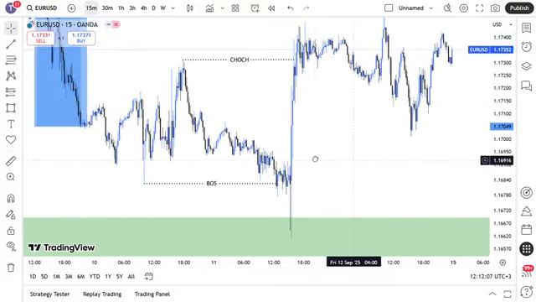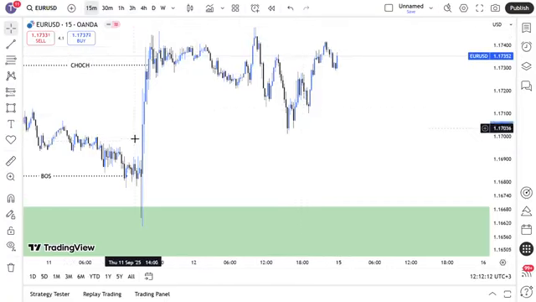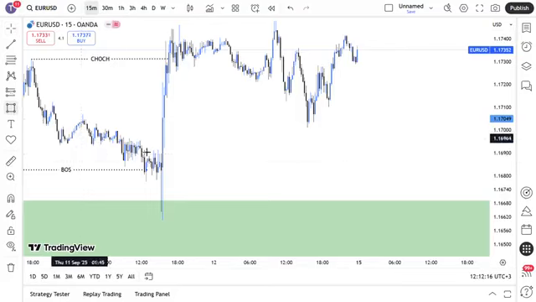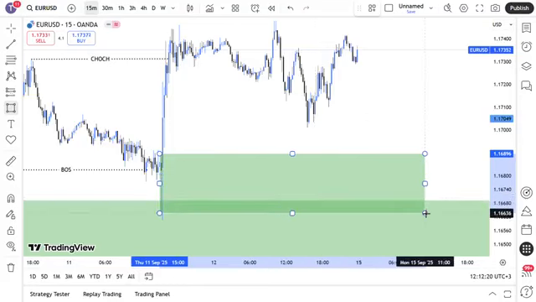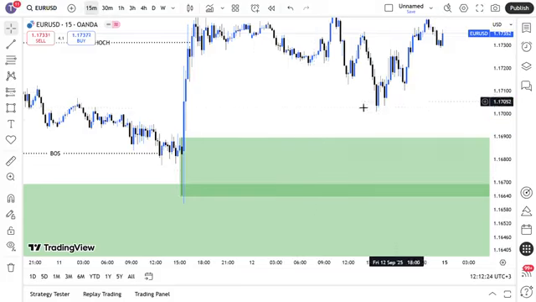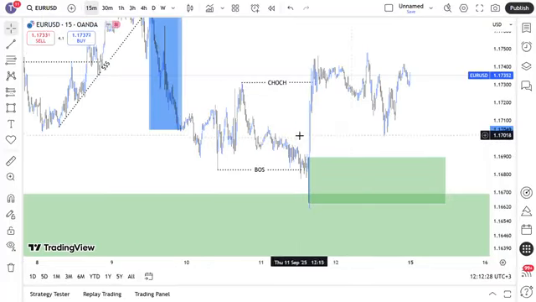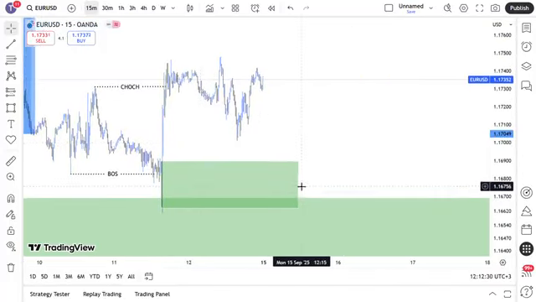Currently I want to see price coming down, and you can see after the NFP news, price is consolidating. We will wait and see what will be happening. If price comes into this area, I'll be looking for buys to the upside. That is very simple, and that is what I'm expecting from GBP/USD.